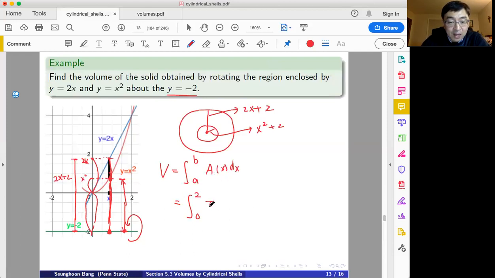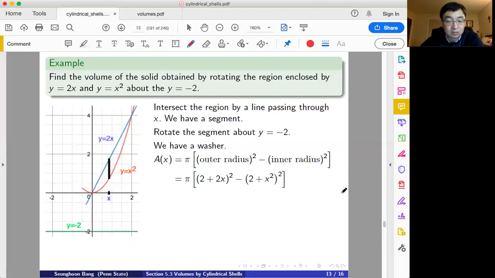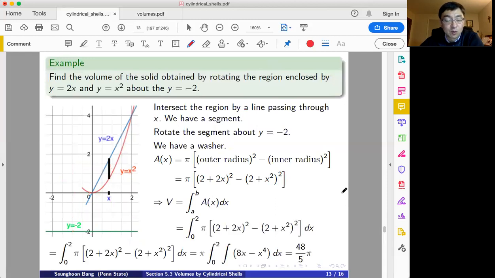A(x) is pi times the outer radius, 2 plus 2x squared, minus the inner radius, 2 plus x squared squared, dx. This is the idea. The next step is to solve. So we have 48 over 5.